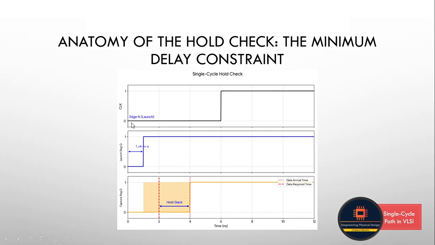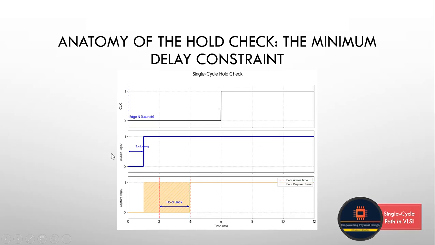Notice that the next clock edge is nowhere to be found. We only see the starting edge n, because the hold check does not care about clock cycles or frequency. That's how we say that hold is independent of clock frequency or the clock period.